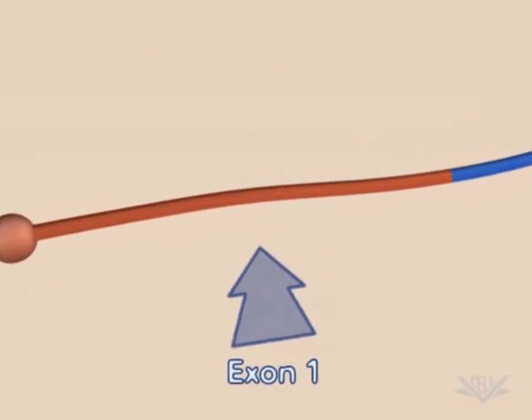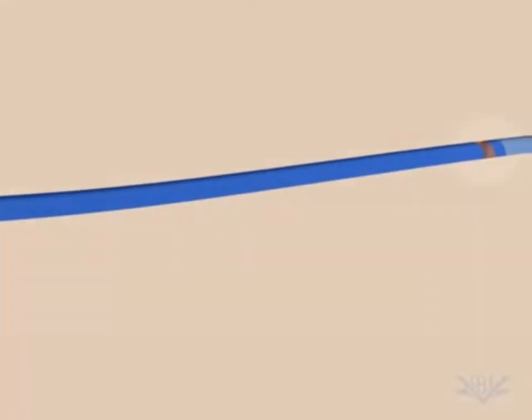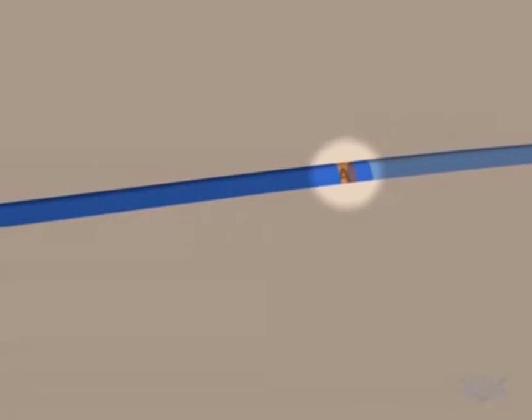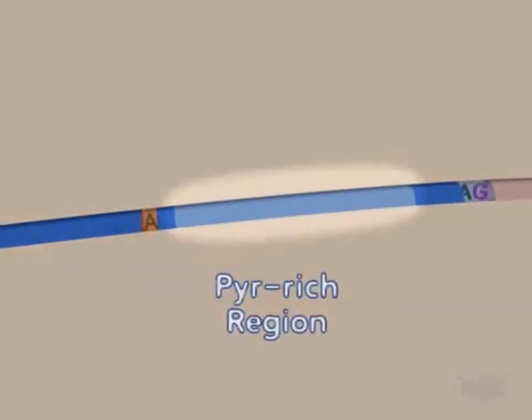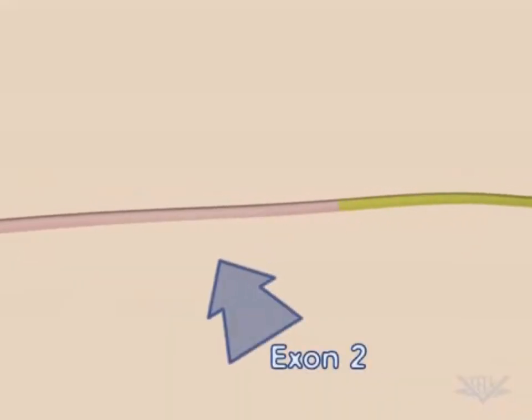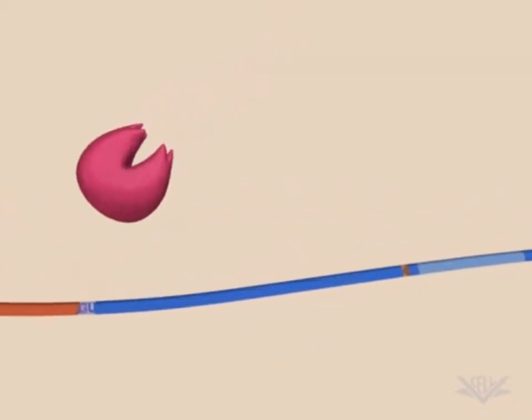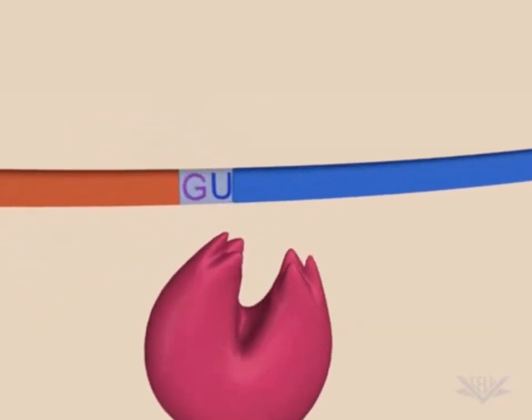From the 5' end of the intron, these are GU, the A branch site, a pyrimidine-rich region, and the 3' AG. The GU and AG sequences define the beginning and end of the intron. Splicing is mediated by the spliceosome, which consists of several protein RNA complexes.